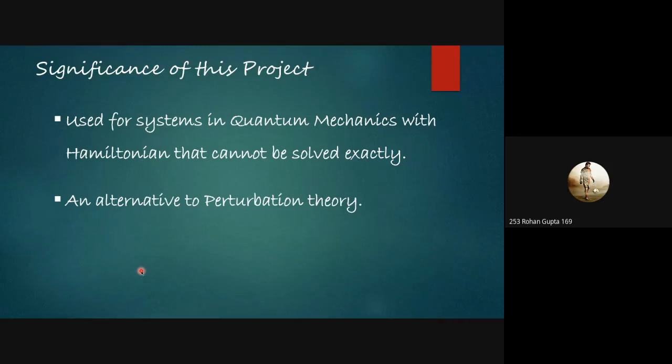It involves a minimization of the parameters, which is why it's easier to do. It also provides an alternative to perturbation theory, because perturbation theory requires that the perturbations involved be very small, and no such requirement exists for the variational principle.